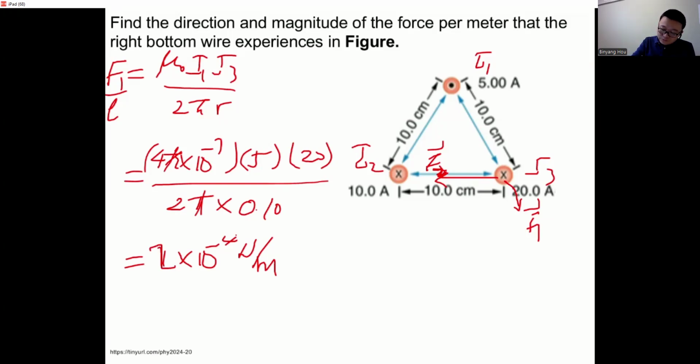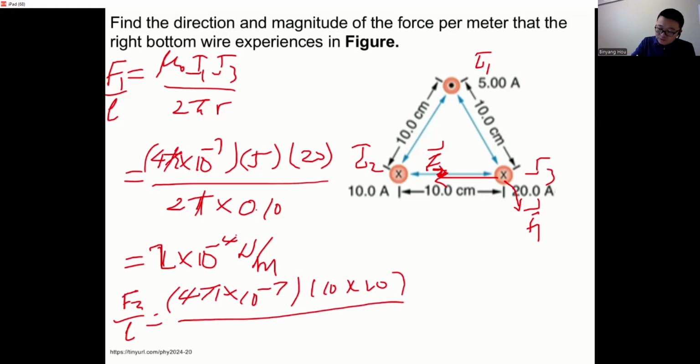Now F2 over L, just the magnitude. Again, it will be 4 pi times 10 to the -7, and it's 10 times 20, I2 I3, over 2 pi r again, 0.1. So again, pi cancels.